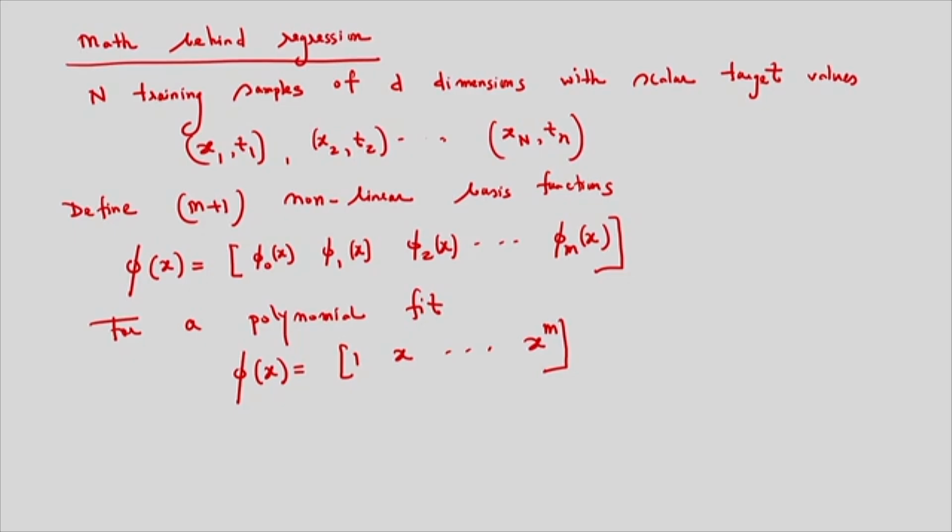We have to define the weight vector, the vector corresponding to the predicted values, and another vector corresponding to the targets. W is the weight vector, with components W0, W1, up to Wm. This is the vector of weights.